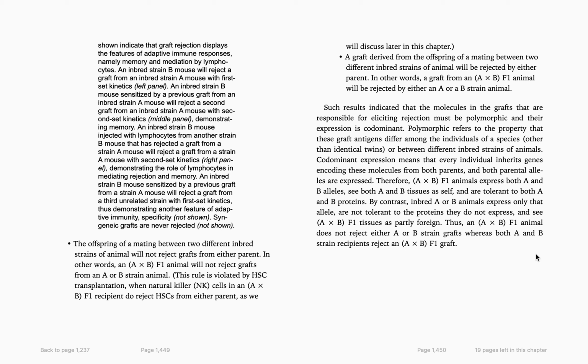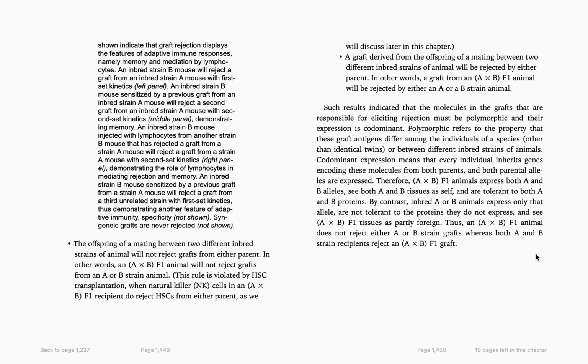Such results indicate that the molecules in the graft that are responsible for eliciting rejection must be polymorphic and their expression is codominant. Polymorphic refers to the property that these graft antigens differ among the individuals of the species other than identical twins, or between different inbred strains of animals.